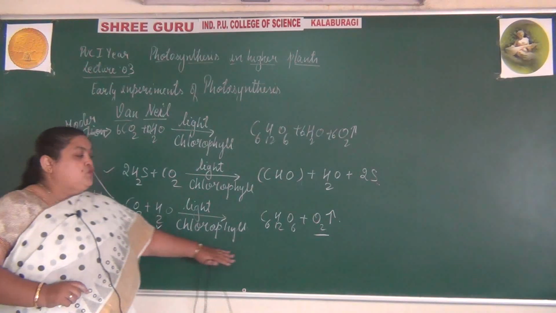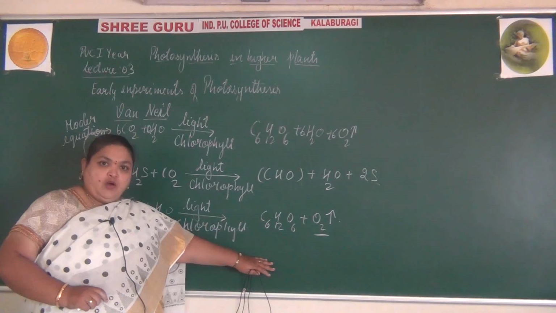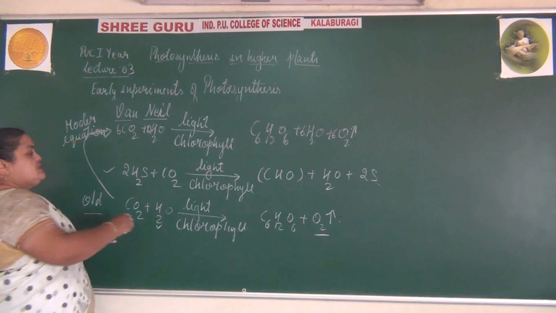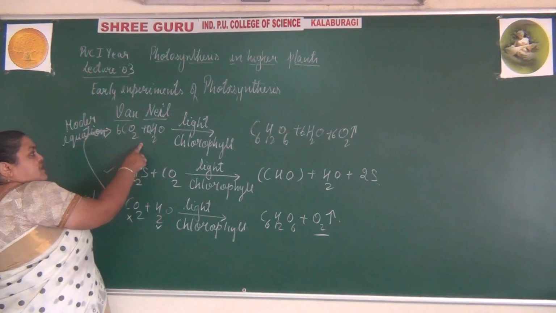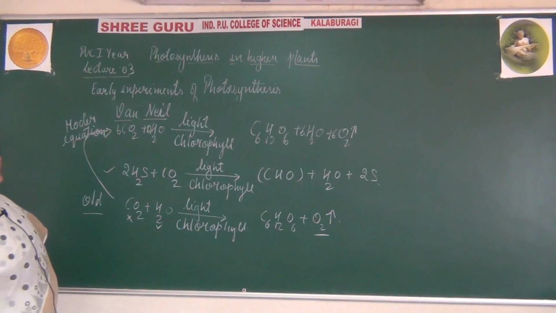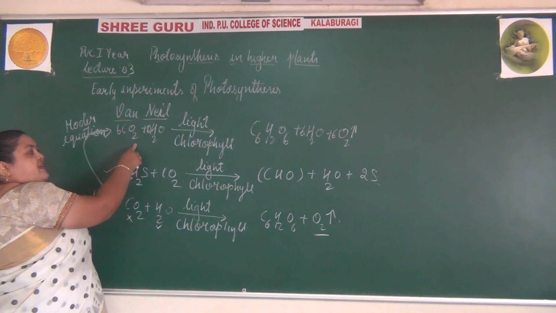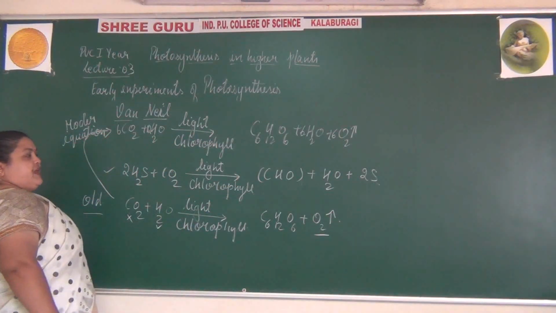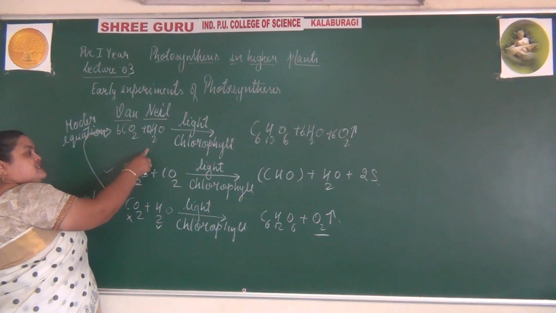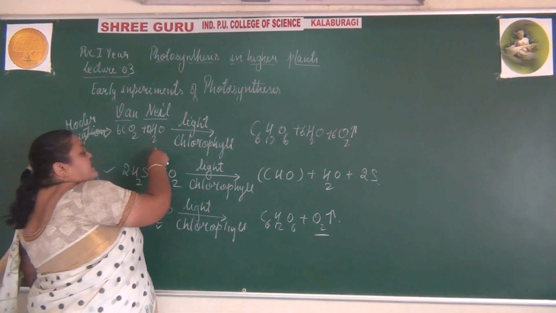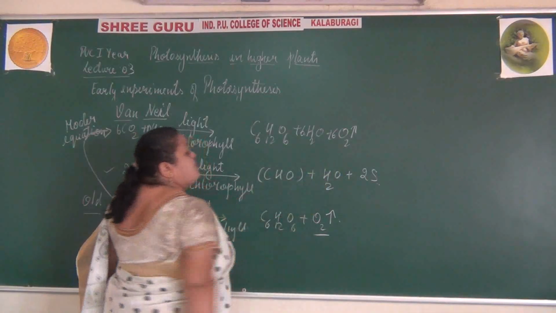So earlier this was the equation that was being followed, and after the experimental process it was changed into a modern equation. So this is the correct equation of photosynthesis, where carbon dioxide is reduced to form a carbohydrate, and the water is split. There is photolysis of water, and the water is responsible for the release of oxygen.